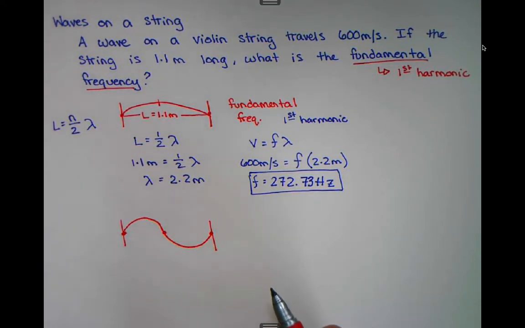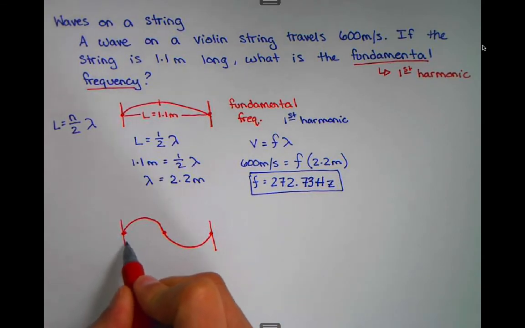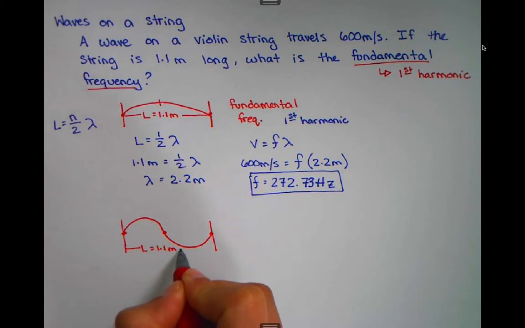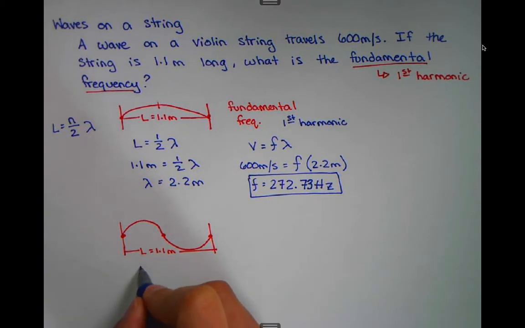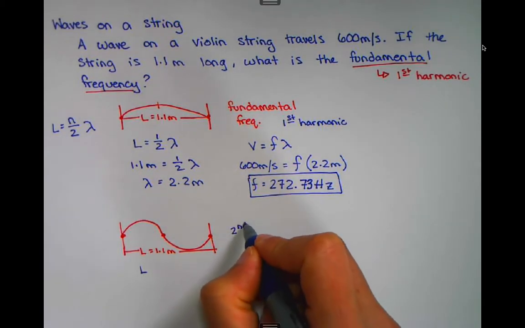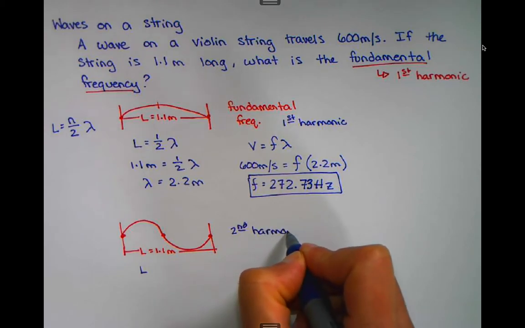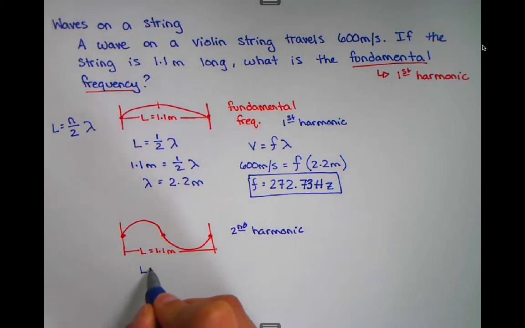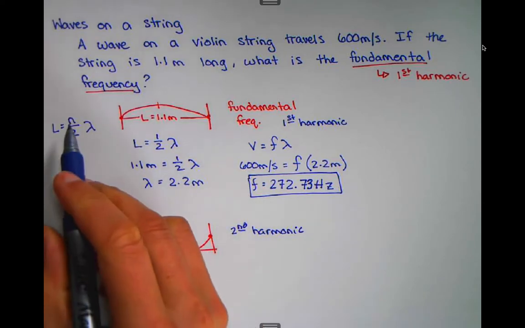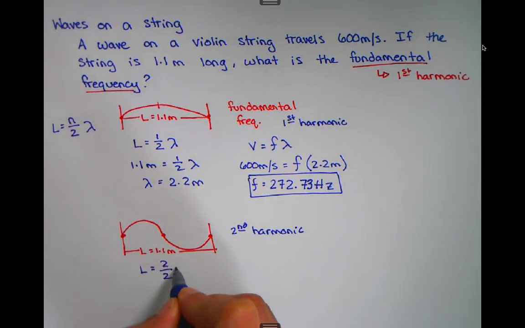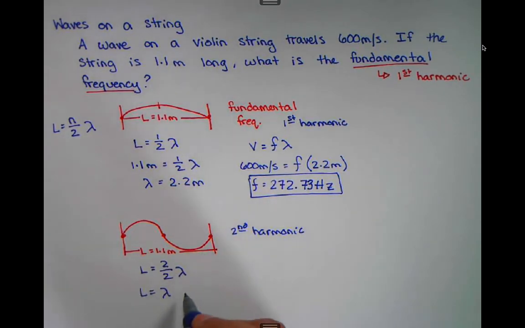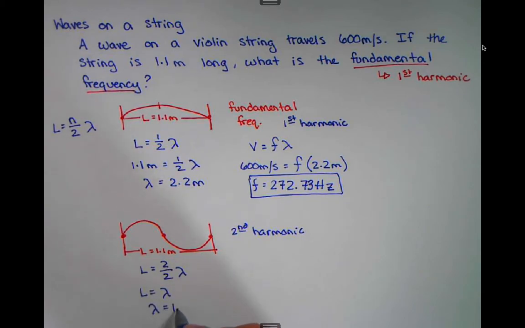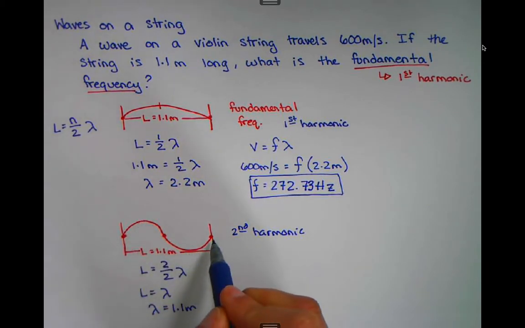This is my second harmonic, and my length here is still 1.1 meters. So L is equal to N over 2 times the wavelength, with N equal to 2. Well, 2 over 2 is just 1, so L is equal to the wavelength. My wavelength is equal to 1.1 meters, and you can see that here I just have one wave.